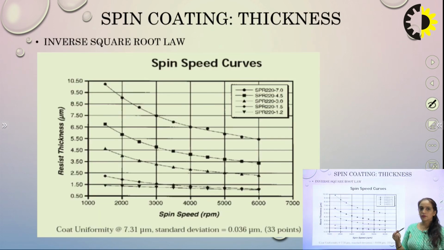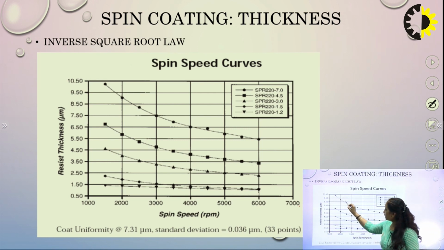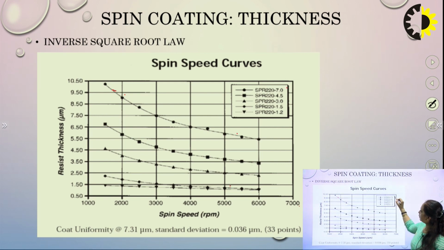Suppose we have liquid over the surface. If you rotate the surface very quickly at a very high RPM, the liquid will spread all over the surface uniformly. This graph shows that if you increase the RPM, your resist thickness decreases. We can see the resist thickness for different types of resist material: SPR 222, 7.0, 4.5, 3.0, 1.5 and 1.2.